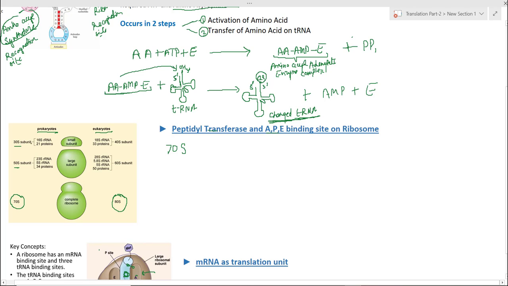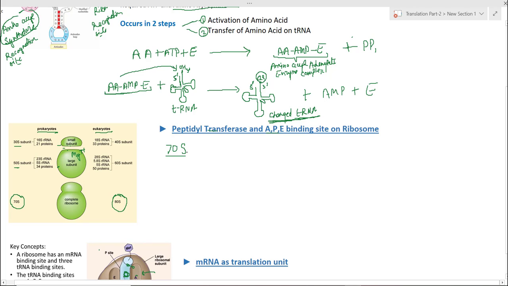These ribosomes are made up of two units, a small subunit and a large subunit, and these two subunits bind only when protein synthesis is required by the cell. During protein synthesis, these subunits combine in the presence of magnesium ion, and protein synthesis, translation, will occur.